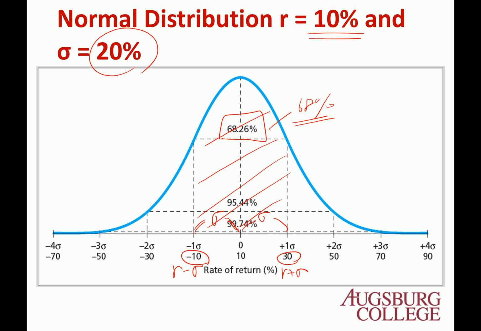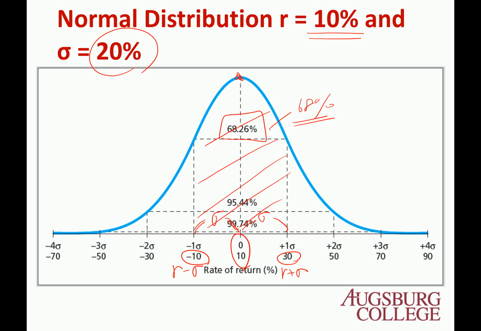More accurately, 68.26%. So if you pick any year, the highest frequency, highest possibility, the best guess for the return of that year will be the 10% expected return.